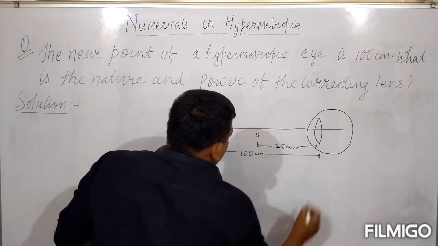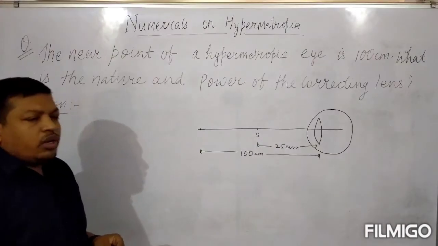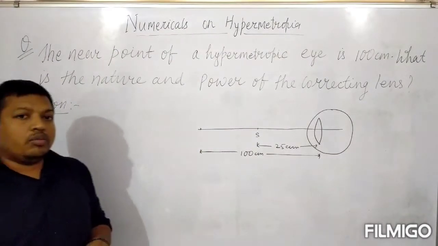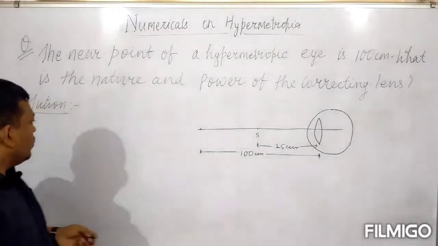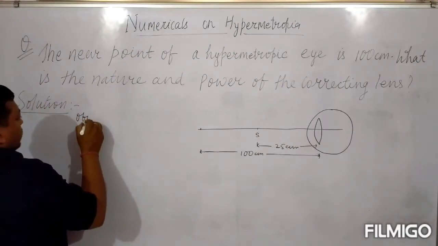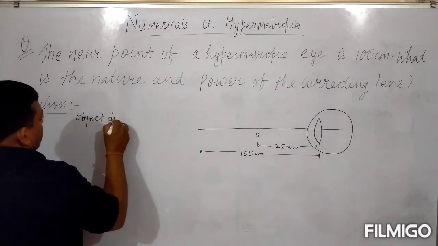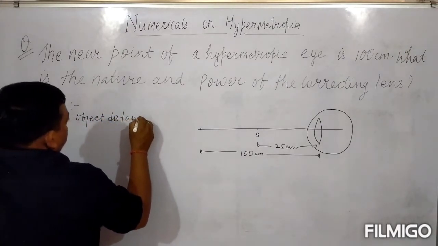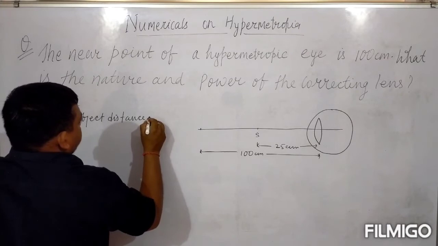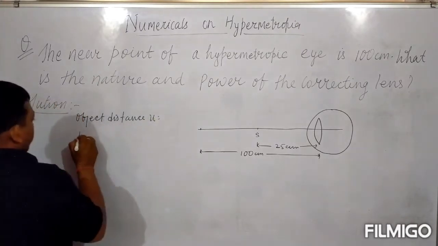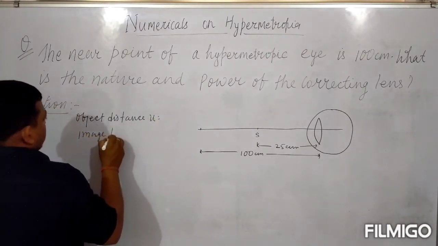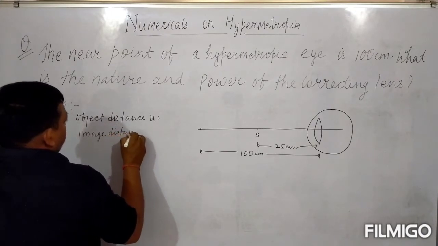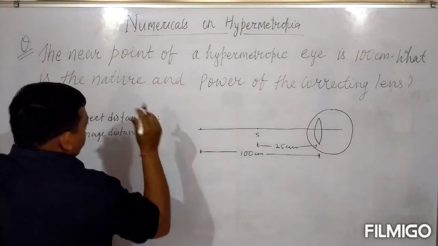Now the important thing is what is the image distance and what is the object distance. This is very important. So write the object distance u equals to what and image distance v equals to what.